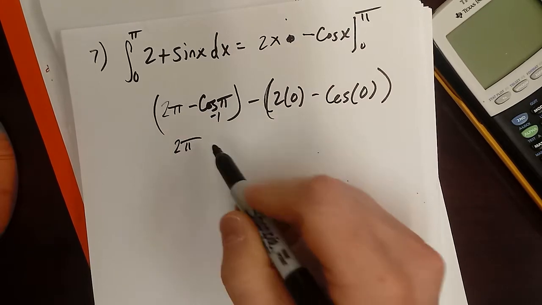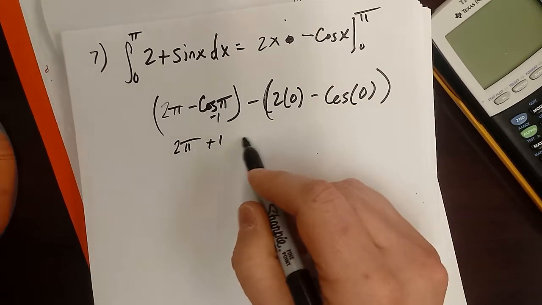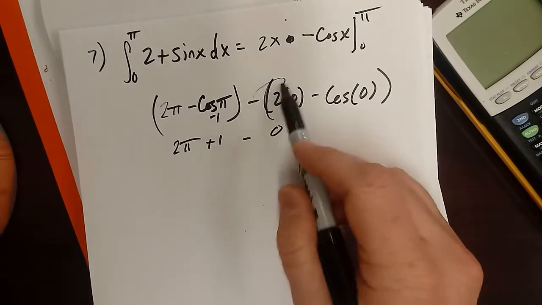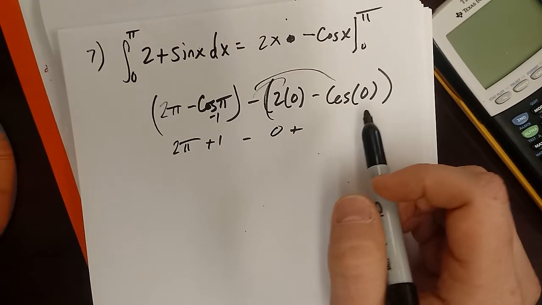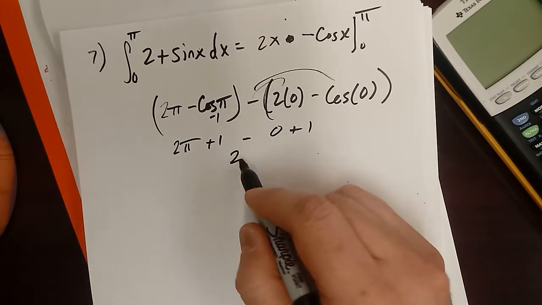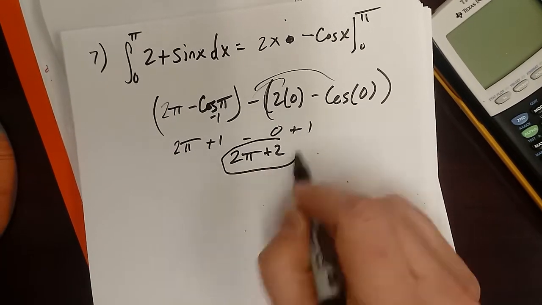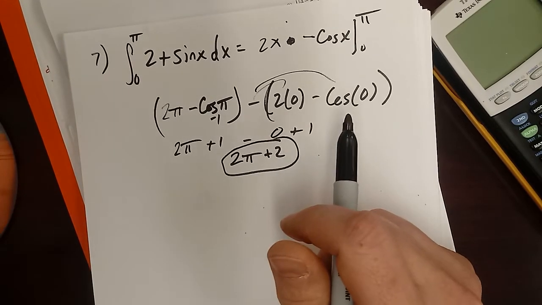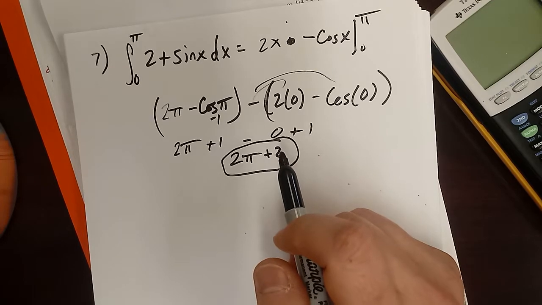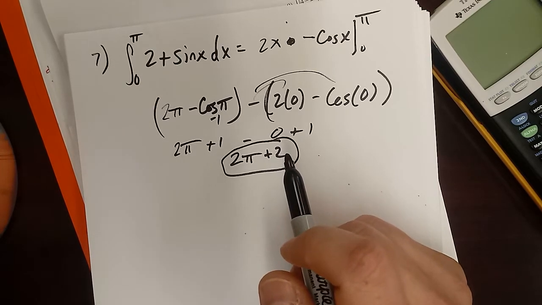So negative 1 is plus 1, minus 0 plus, right, because that minus gets distributed, plus cosine of 0, which is just 1. So we get 2 pi plus 2. This is how you'd see your answer. You wouldn't get like 8.28 or whatever.